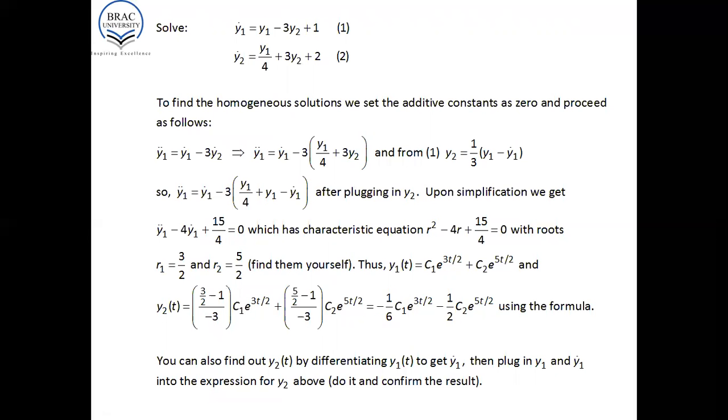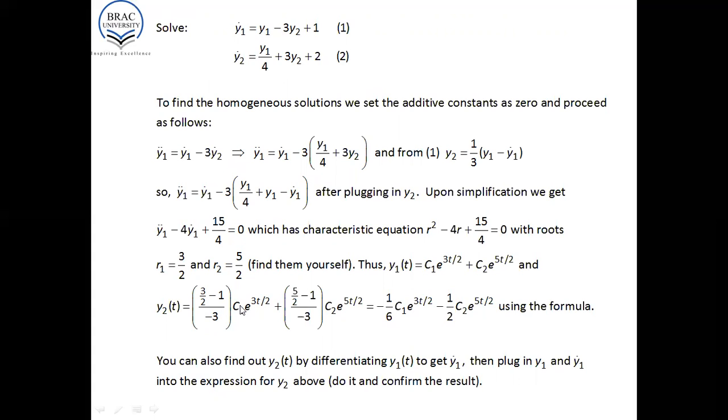R1 is 3 by 2, A11 is 1 and A12 is minus 3, both from the homogeneous form.